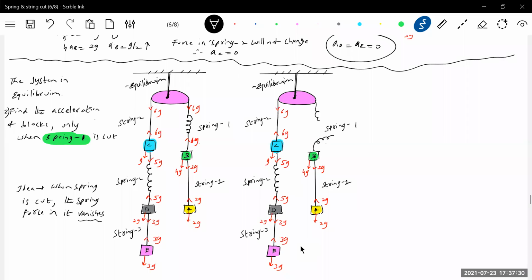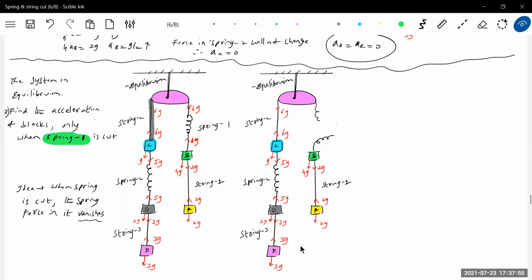Spring 1 is cut. Spring force 1, that 6G, will vanish. Now look at this. This string 2 is connected to the spring. So the tension in this will vanish because it's directly connected to the spring.